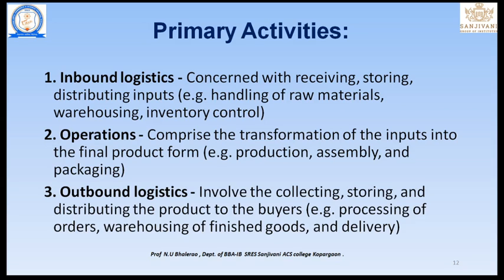So it is all about outbound logistics, which helps to deliver the product on time to the distributor, wholesaler, retailer and finally up to the customer. So it is all about the primary activities of the supply chain or value chain or value delivery system.